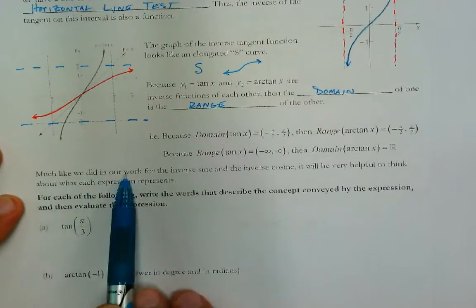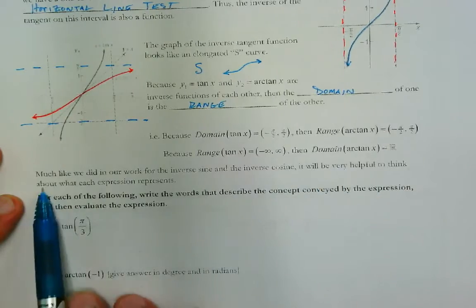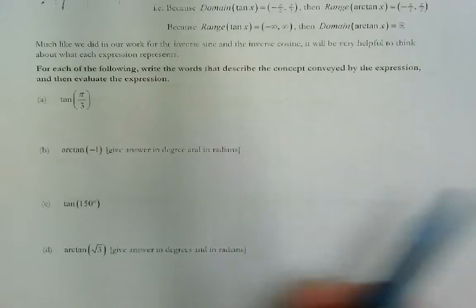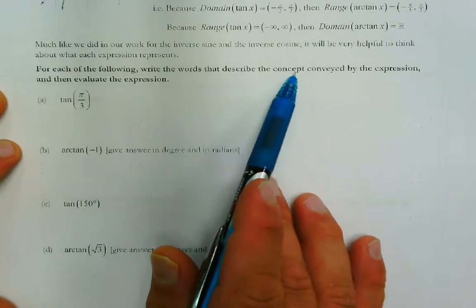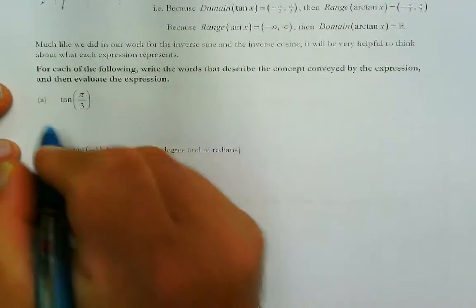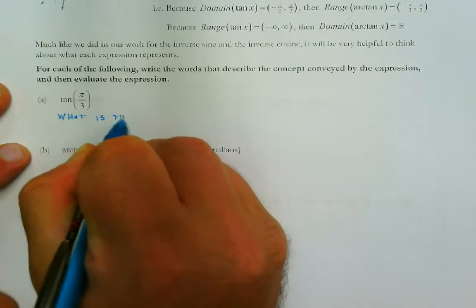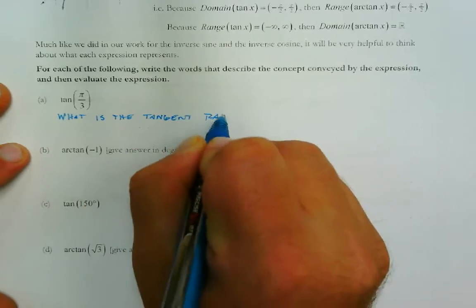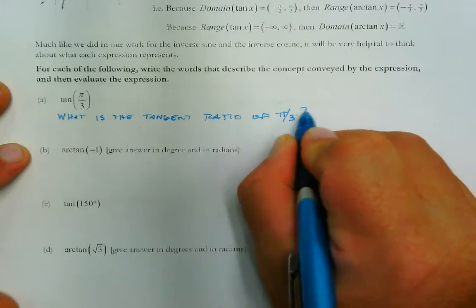So, much like we did in our work for the inverse sine and the inverse cosine, it will be very helpful to think about what each expression represents. What we're asked to do in this part is, for each of the following, write the words that describe the concept conveyed by the expression, and then evaluate the expression. So for this one, we are asking, what is the tangent ratio of pi over 3?